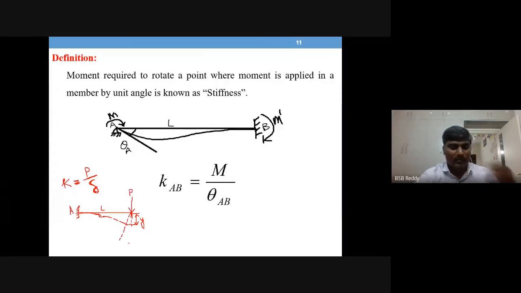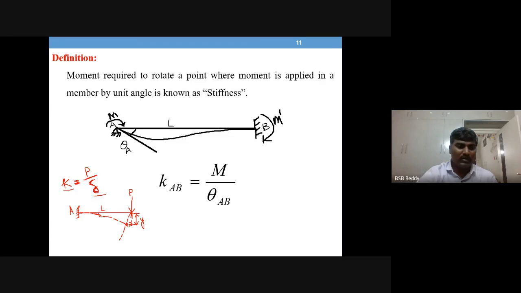But anyhow, with the assumption that this quantity is negligible, we take that itself as vertical. That is our assumption. So PL cube by 3EI is the deflection value delta, which is actually not vertical.